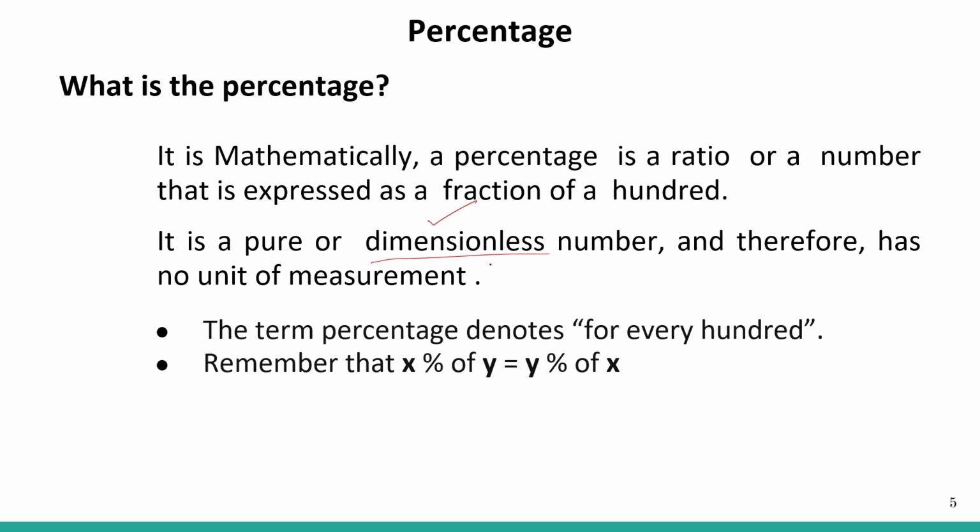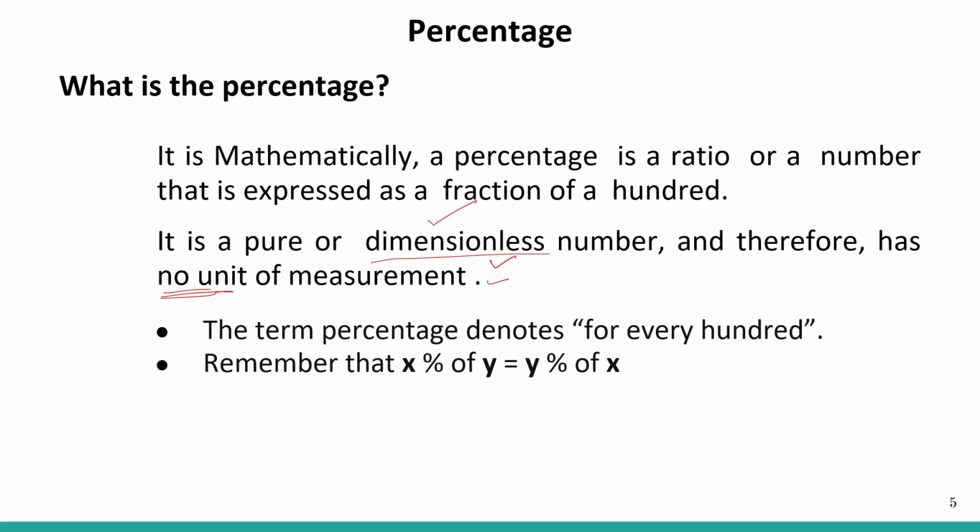So it is dimensionless, and therefore it has no unit of measurement. The term percentage denotes for every 100. Wherever you see percentage, since cent is there, it means for every 100. Whenever you put the whole as 100 and you are trying to figure out the amount you have owned, how much is it out of 100.